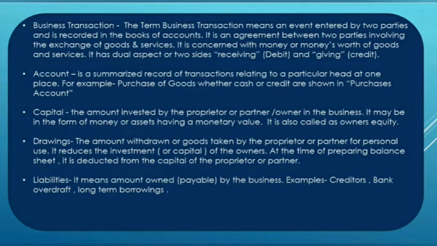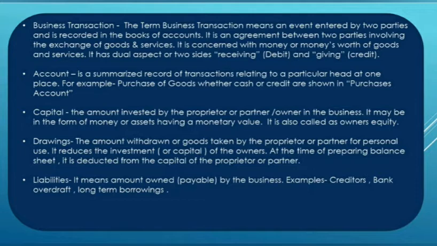So now liabilities. Liabilities means amount owed or payable by the business. Liability towards the owner of the business is termed as internal liability. On the other hand, liability towards outsiders would be termed as external liability.